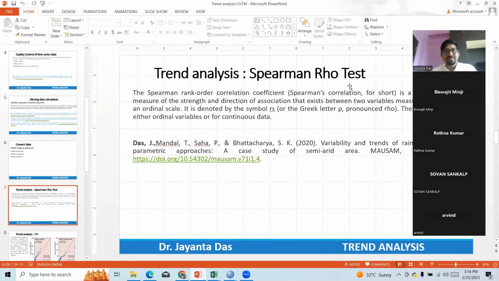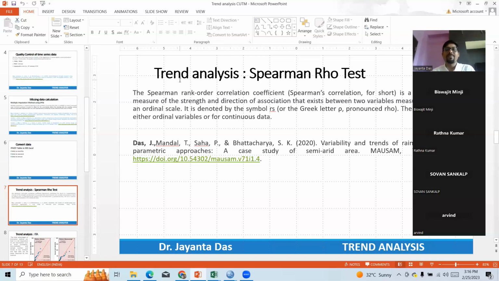I'll definitely discuss it using ACF, and how we can determine whether there is serial dependency in our time series data set. We have to identify it. Stationarity and serial dependency are more or less a similar approach.